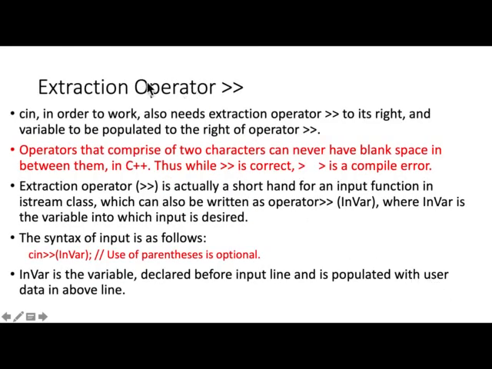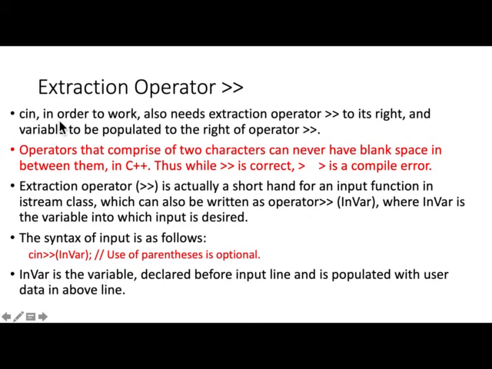Okay, cin works with something called the extraction operator. So we are extracting data from the keyboard, putting that into a variable in the RAM. That's why this operator, which has two greater than signs, two symbols form this operator, not one. That is used in conjunction with cin for data input from the keyboard.